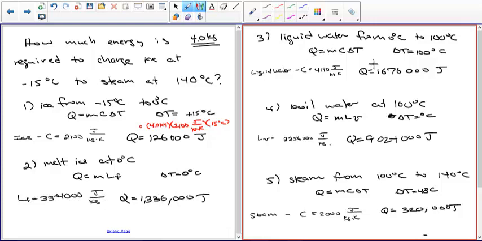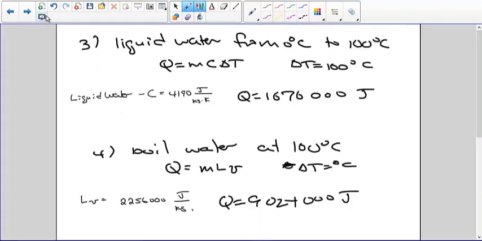Then you increase the temperature from 0 degrees C to 100 degrees C. Because it's one phase, you use Q equals mc delta T. Delta T is 100 degrees C. For water, C is equal to 4,190 joules per kilogram Kelvin. So you take this times 100 times 4 kilograms, and you get 1,676,000 joules.